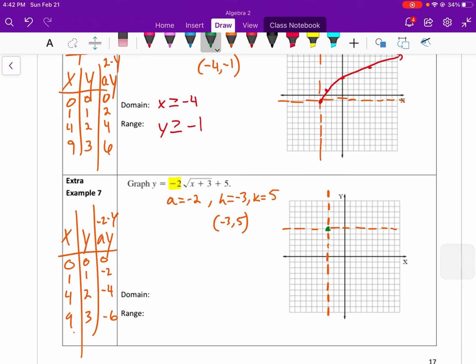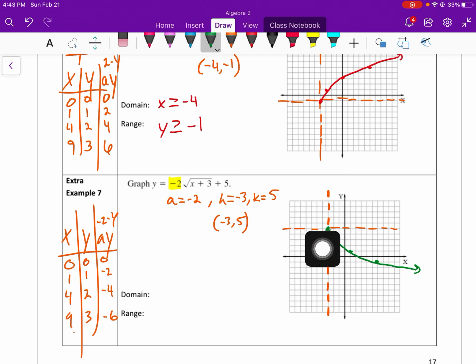We don't shift at all. 1, negative 2. 4, negative 4. 1, 2, 3, 4. 1, 2, 3, 4. And then 9, negative 6. 1, 2, 3, 4, 5, 6, 7, 8, 9. 1, 2, 3, 4, 5, 6. So it flips over that x axis that we shifted.